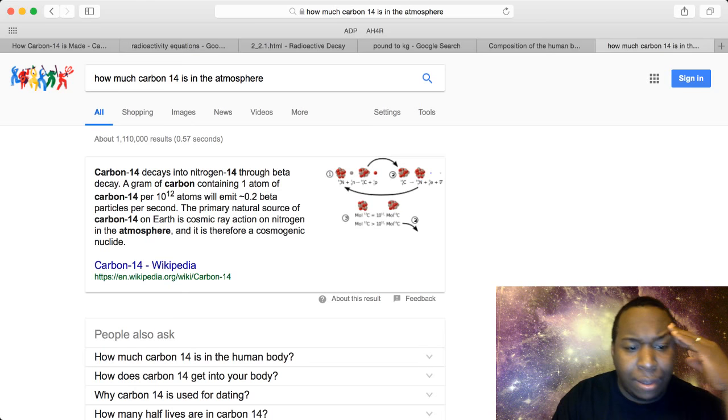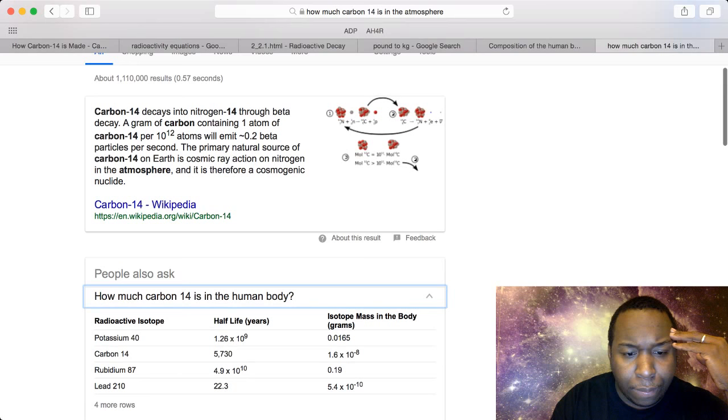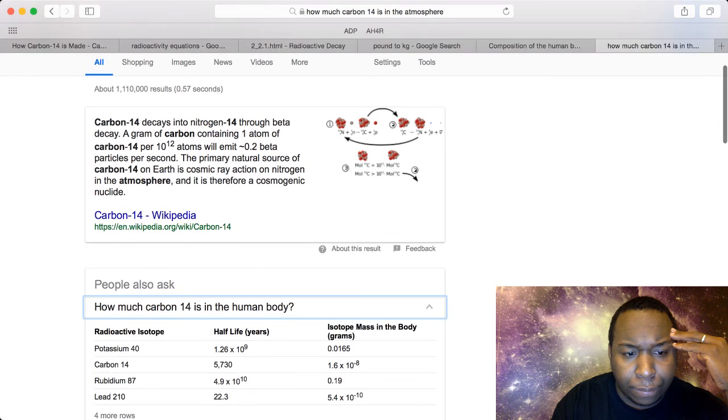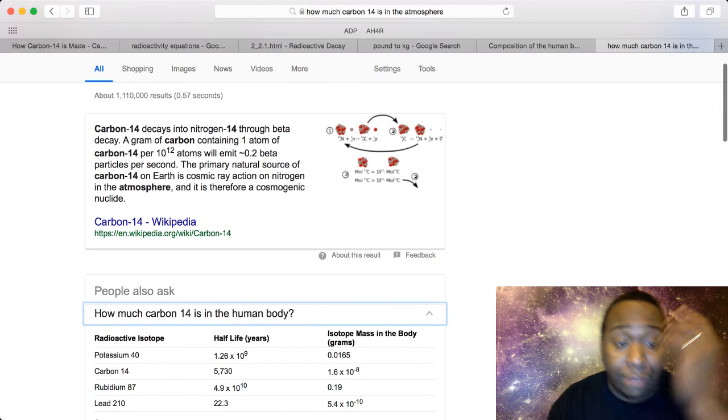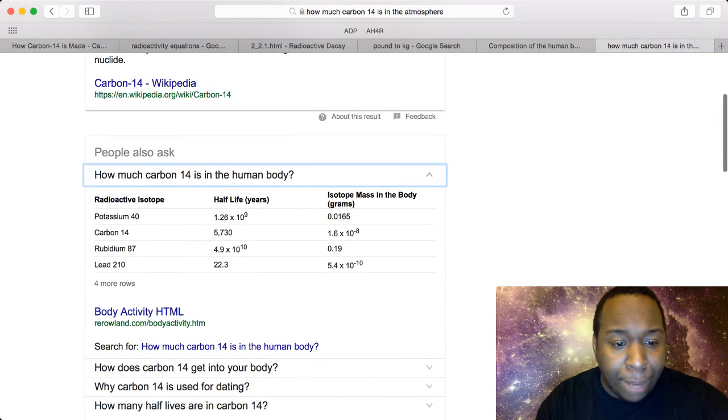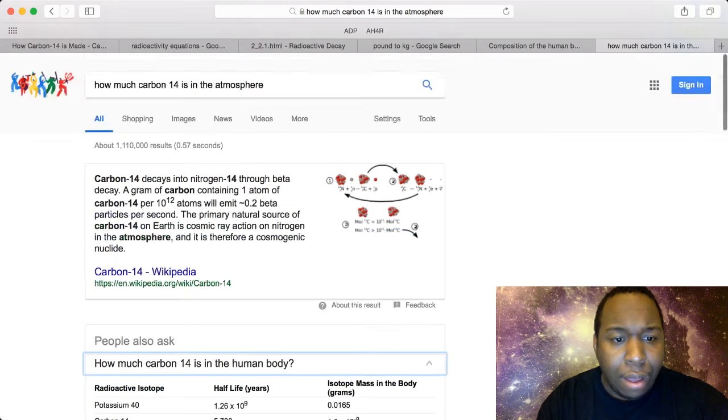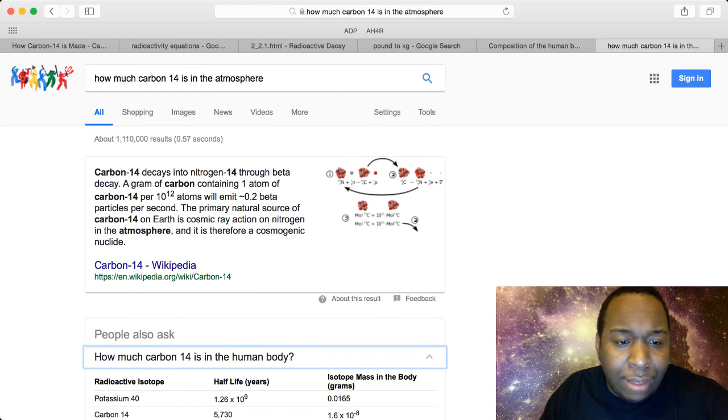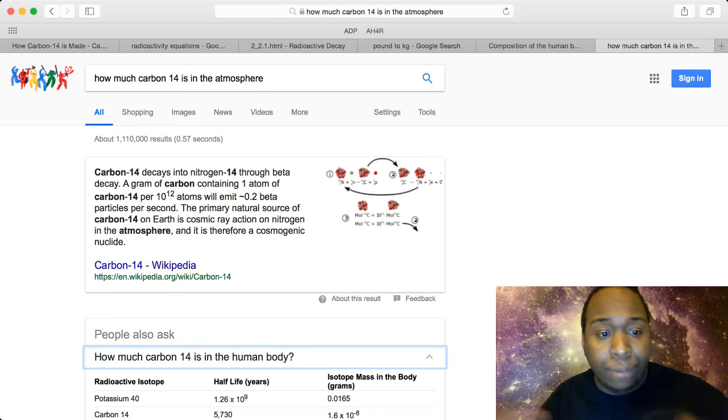I think this actually gives us the physical value. But I think what this is actually saying is that there is 1 atom of carbon-14 per 10 to the 12 atoms of normal carbon.